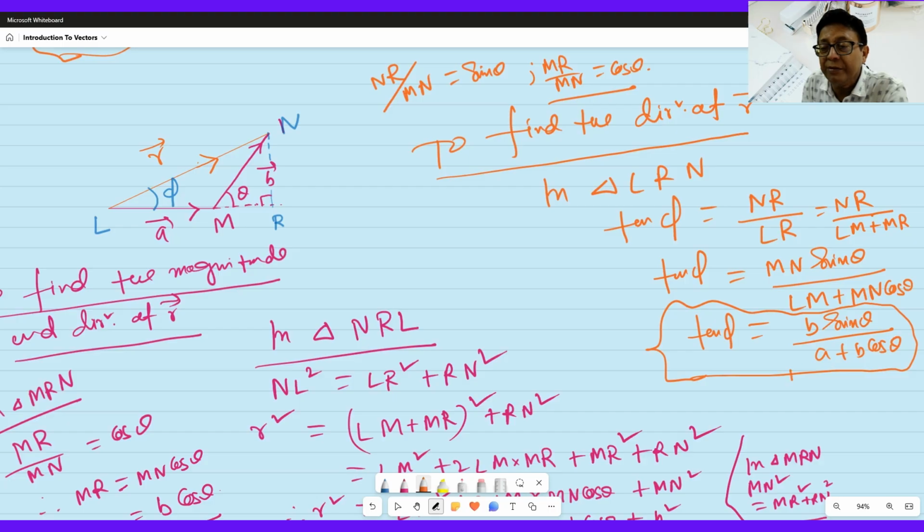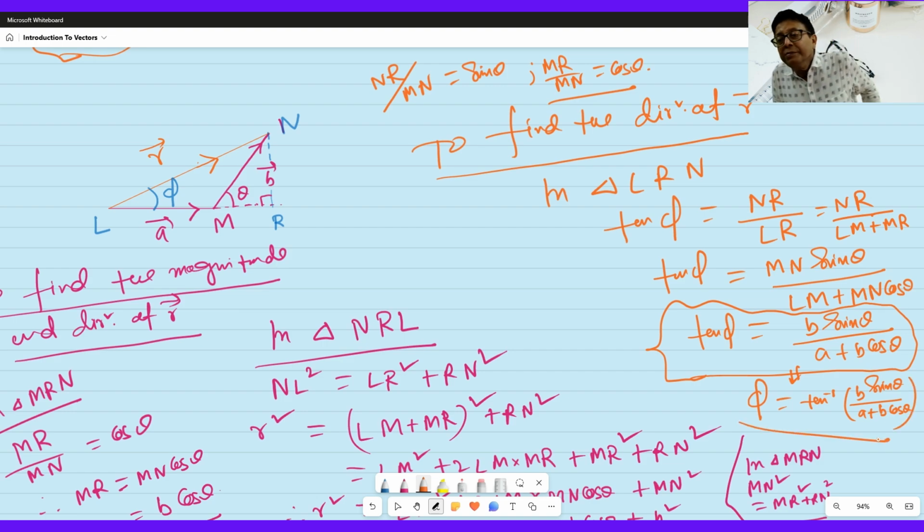I can use a mathematical symbol here. Phi equal to tan inverse. Inverse function you need not know so fast. You cannot know everything being a class 11 student. But remembering this formula will help you to get the values from your calculators.